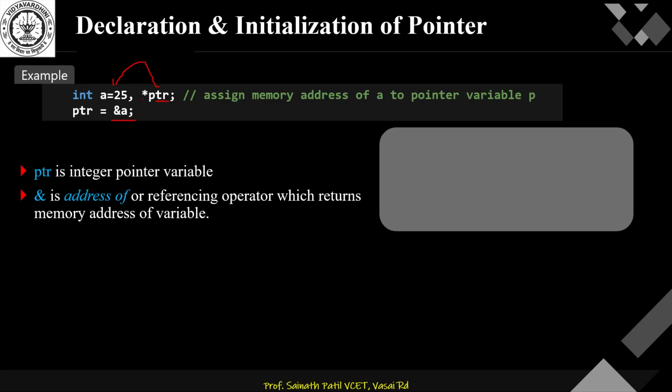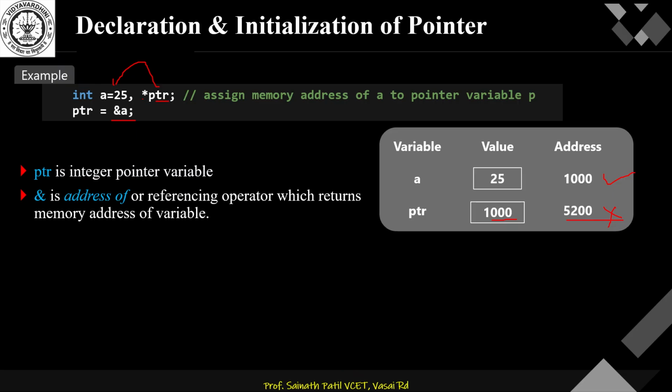For example, in memory, A that has value 25 will be stored at address, for example, 1000. So PTR will have this value 1000, and PTR could be stored at some other address. This is immaterial to us right now.